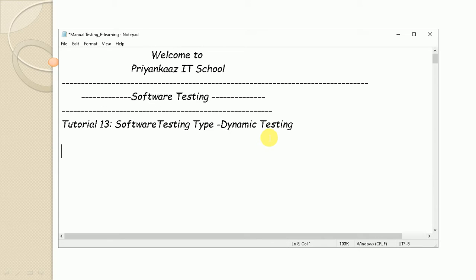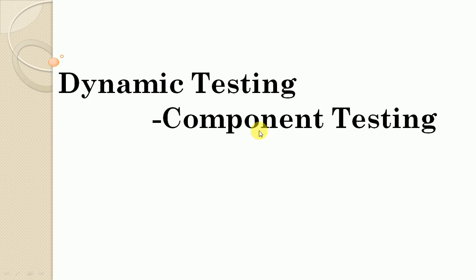First one is component testing, second is integration testing, third is system testing, and fourth is user acceptance testing. But these techniques are huge, and there are many more concepts to be discussed, and that's the reason I'm sharing a separate tutorial on each and every technique. So let's discuss the first level in this tutorial, that is component testing.